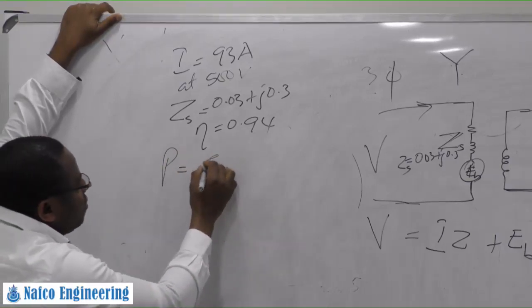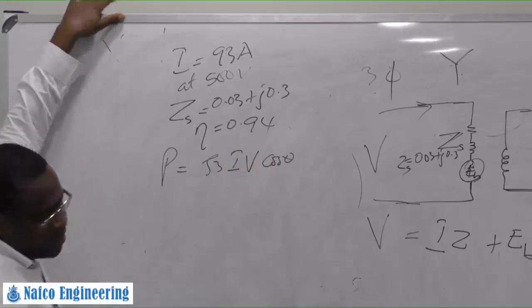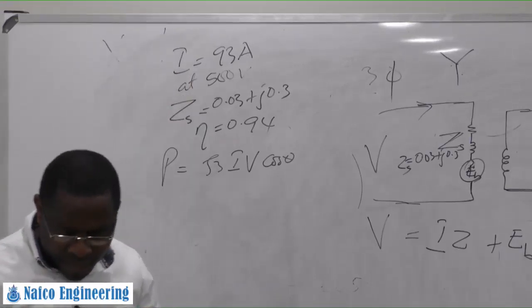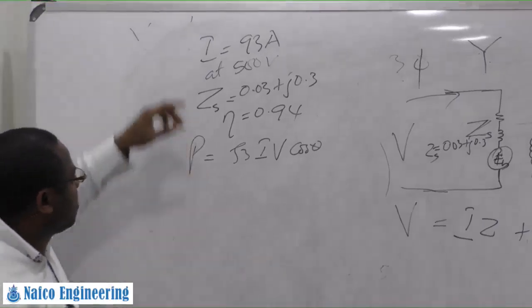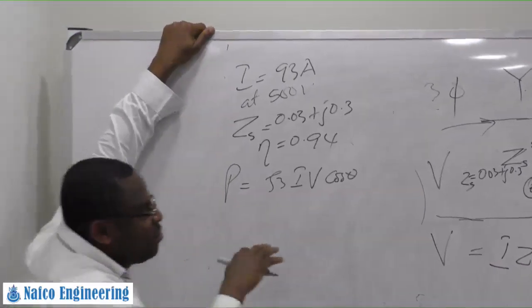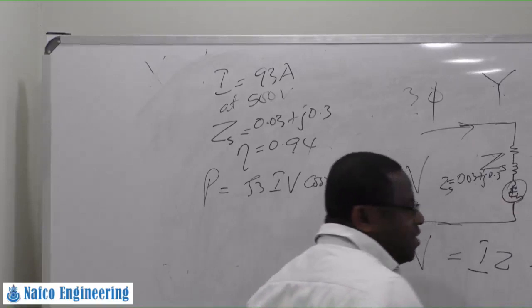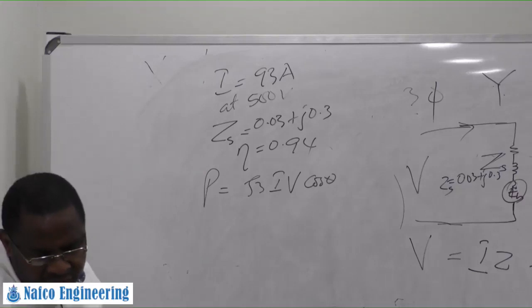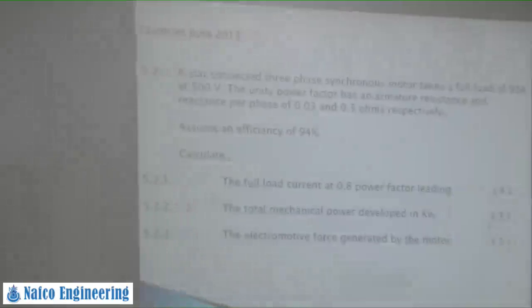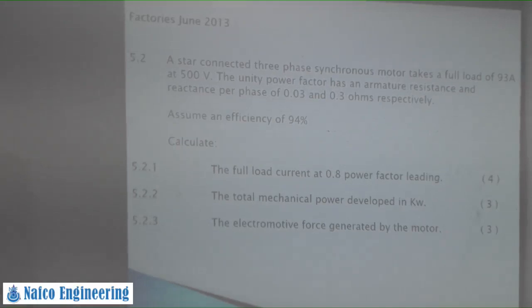Power is √3 IV cos theta, agreed? Now the current is going to draw the power in. We must also consider the efficiency to get the exact power in, because it says it takes full load at 93 amps at unity power factor, and then they want to calculate the full load at a 0.8 power factor.